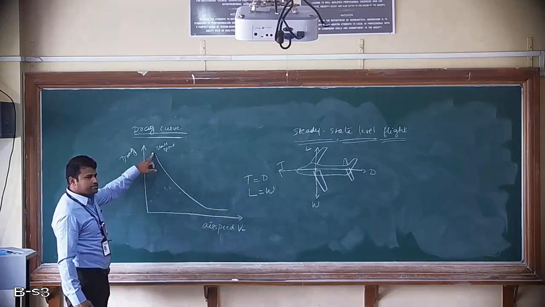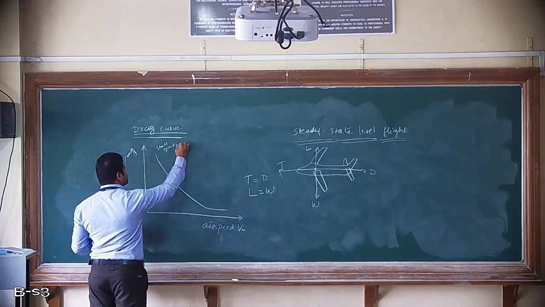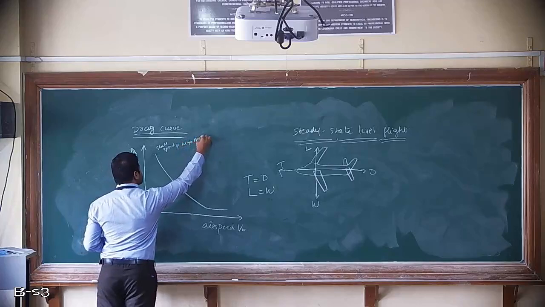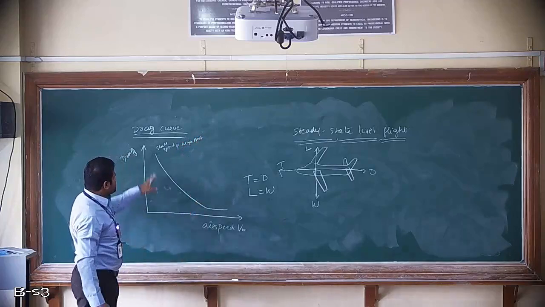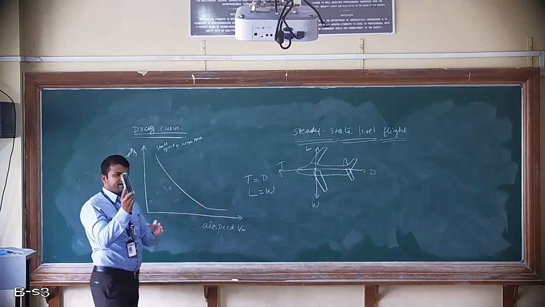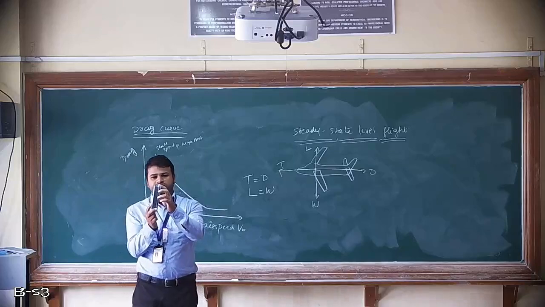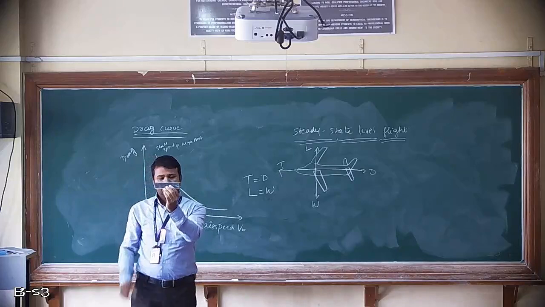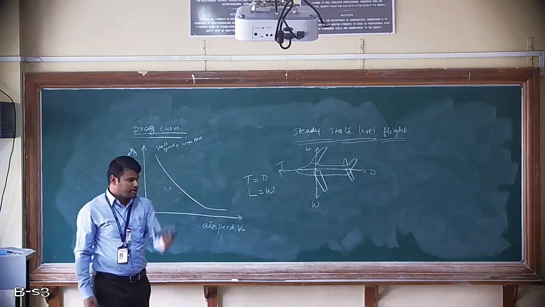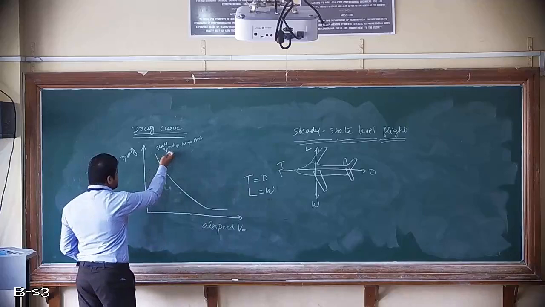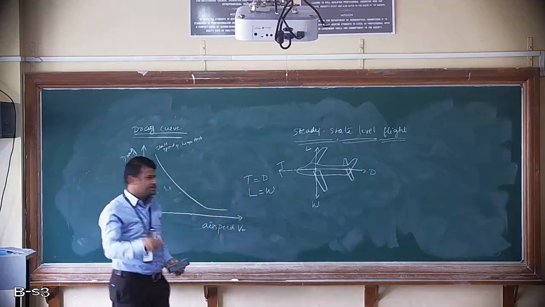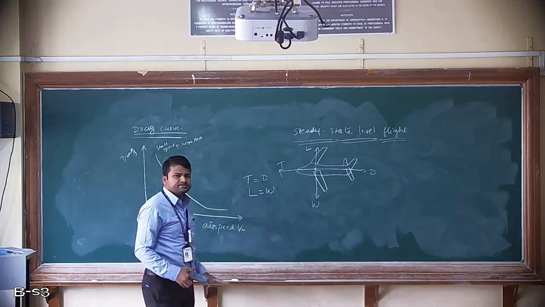It will be more at the high angle of attack. But as airspeed increases, you can bring the nose of the airplane down. That means you can reduce the angle of attack and make it steady state level flight. So at that time the induced drag will start decreasing as your airspeed increases.